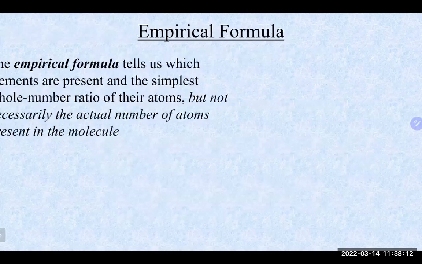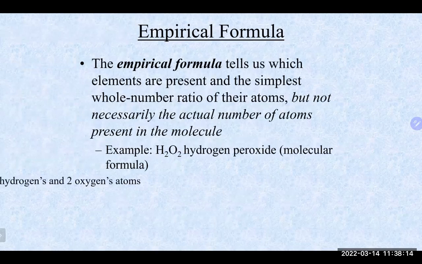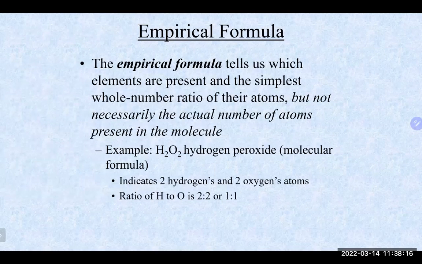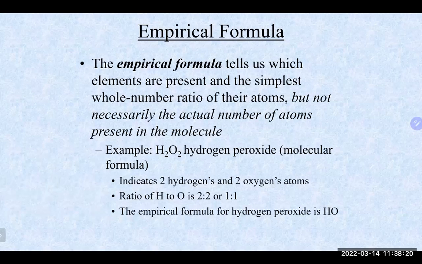Now, that is different than another important type of formula, which is known as the empirical formula. The empirical formula is the simplest representation of what is present. So it is basically the simplest whole number ratio of what elements are present and what atoms there are.